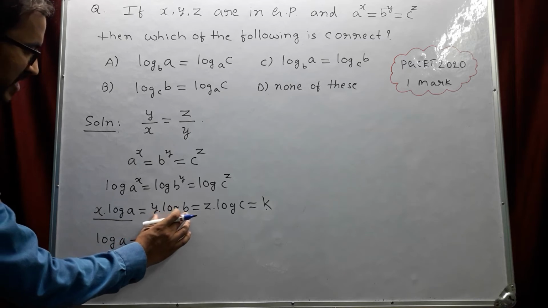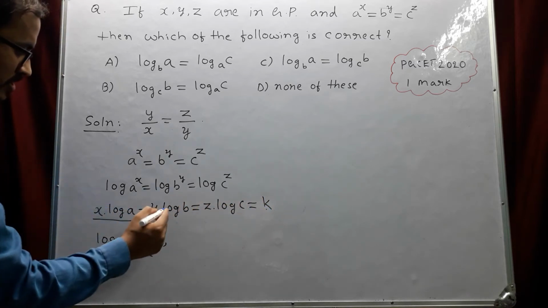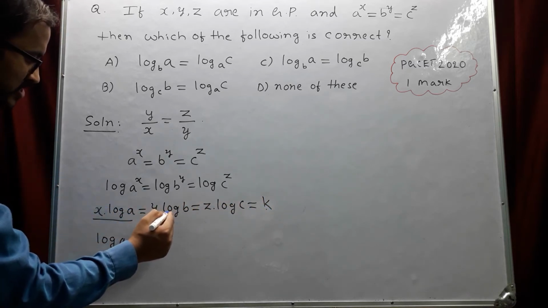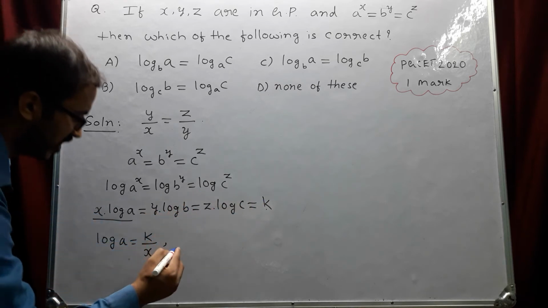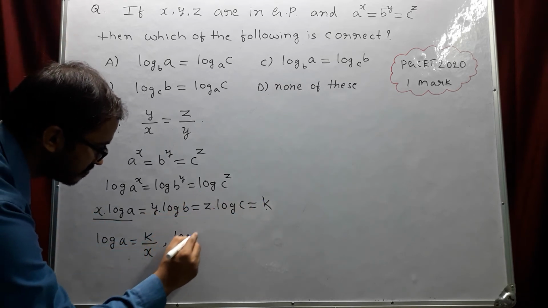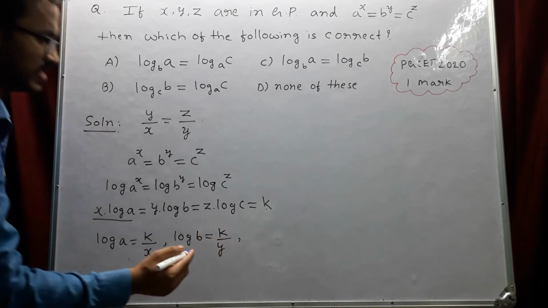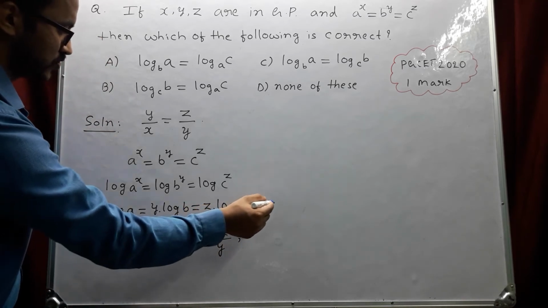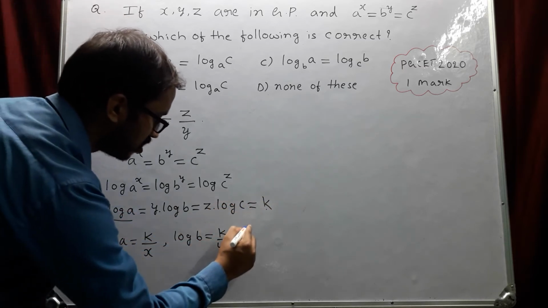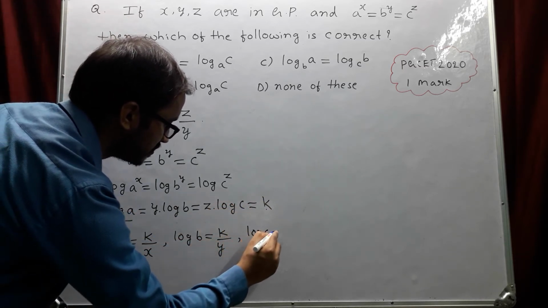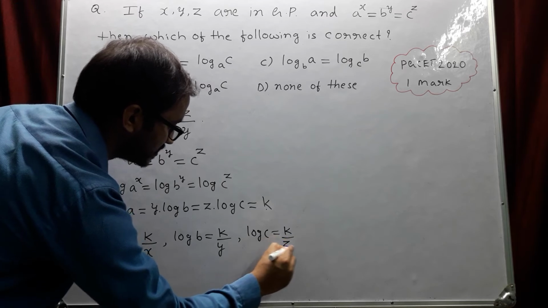Similarly, y log b is equals to k, so log b value becomes k by y. Similarly, z log c is equals to k, or log c value becomes k by z.